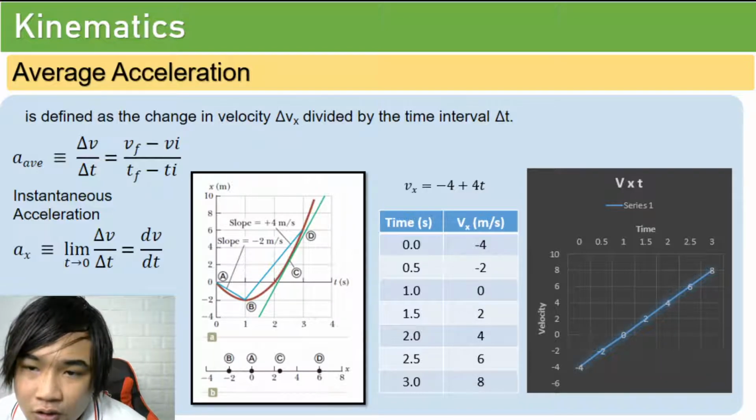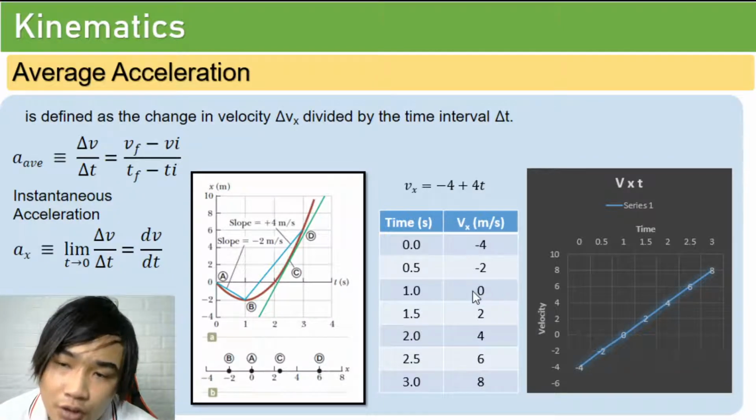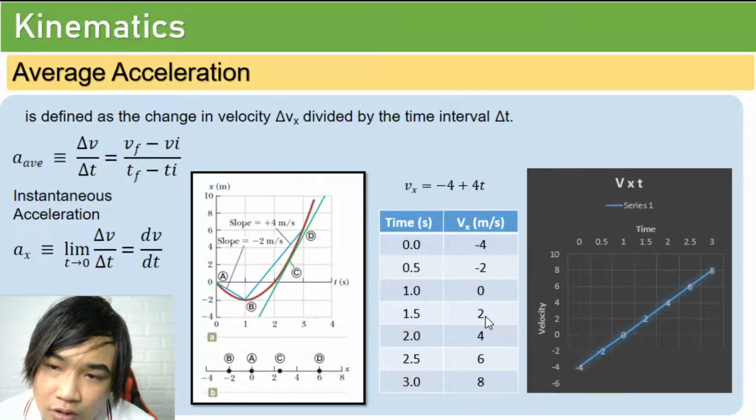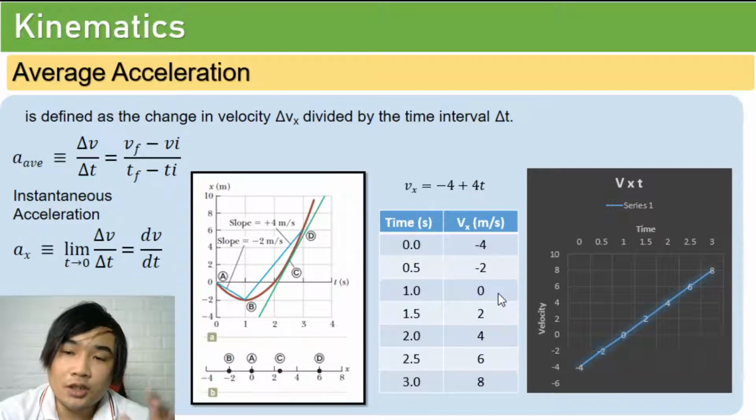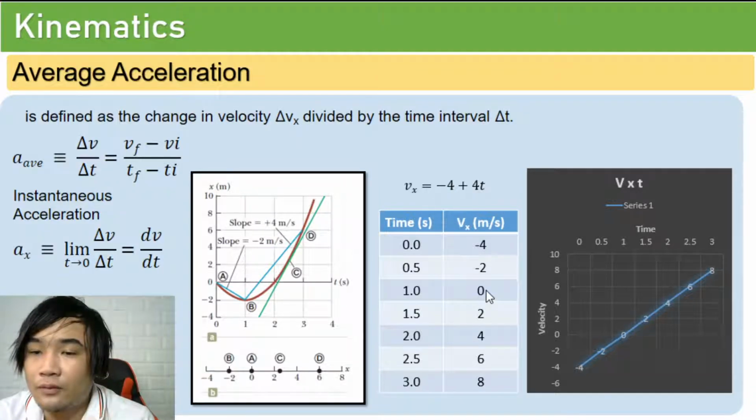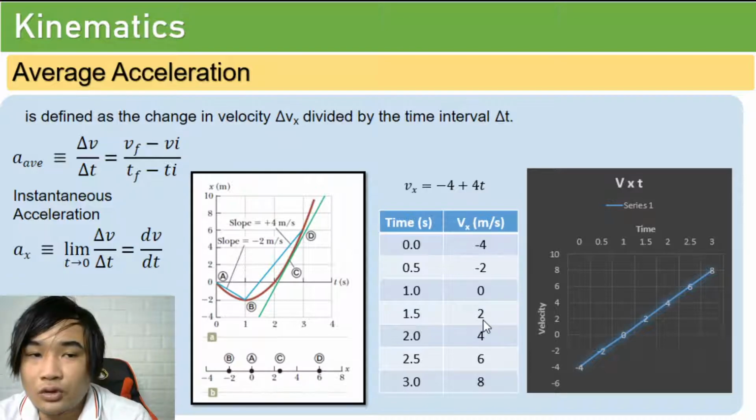Hanggang umatras siya, kaya pababa, nagde-decelerate siya. Then after nung point B, nag-i-increase yung velocity niya. Kung kanina nasolve natin is 6 dito. So dito, from 0, yung speed niya, tumaas ng 2, 4, 6, 8. Yung dumadagdag dyan sa kada speed niya, from 0, dumagdag ng 2. That is yung acceleration.